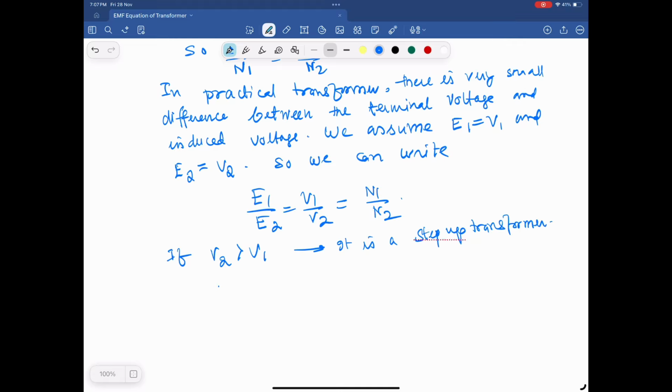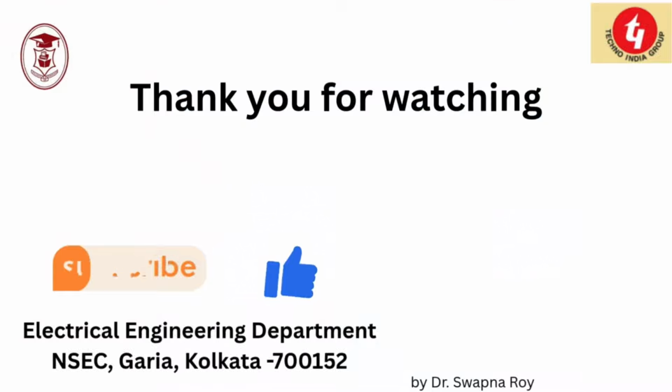And if V2 is less than V1, then it is a step down transformer. So we have seen the step up transformer and the step down transformer; based on our application, we design it. The same winding can be used as a primary or secondary.